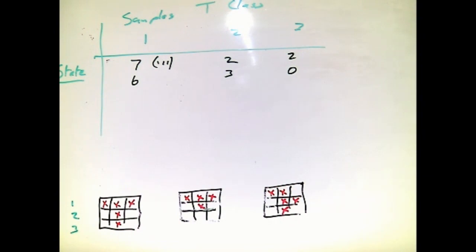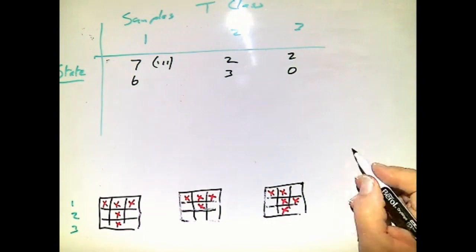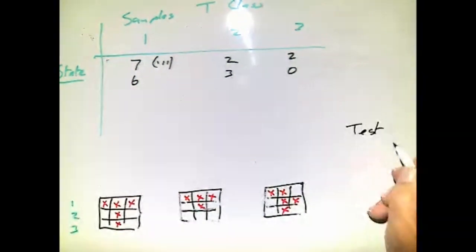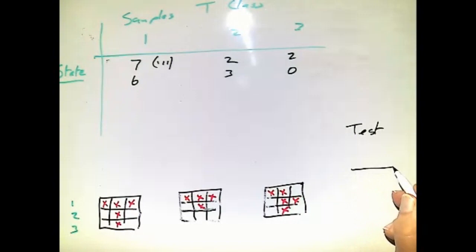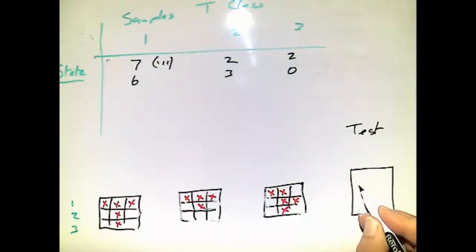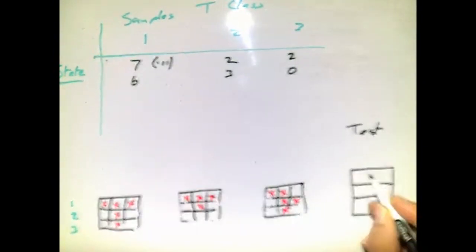Okay, so the mapping will change the allowable states. And I can test on other patterns. So let's have a test pattern. Let's take in another T-like structure.